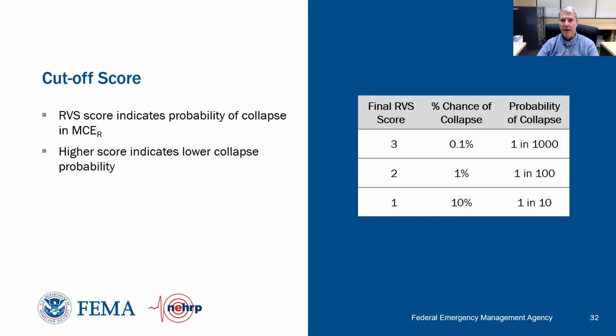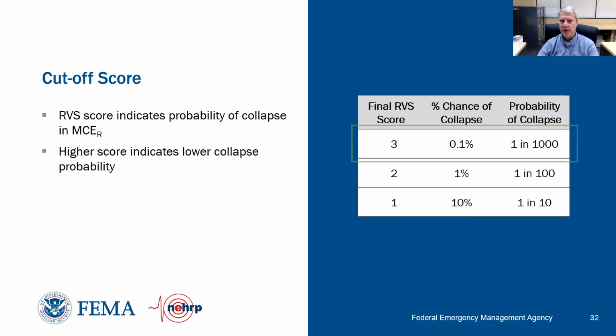Now, if we have an important building, like a hospital, well, life safety, 1% probability of collapse with a score of 2 is probably not what we want to have as a cutoff score. We might want to consider looking at a higher level score, higher number. And so one suggestion is 3.